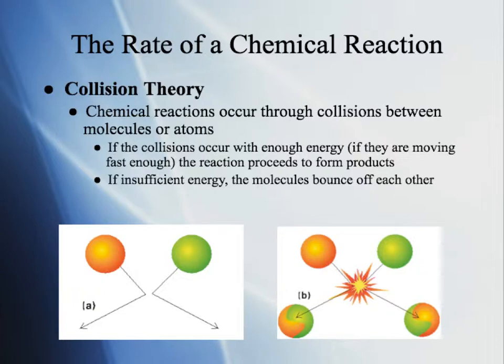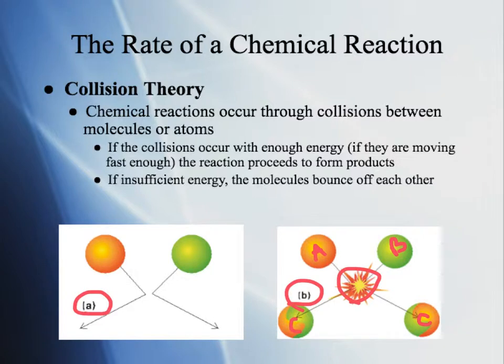So in these two pictures here, would it be A or B in which a reaction actually occurs? In this case, B is the one where we actually have a chemical reaction occurring. These two molecules, molecules A and B, are going to collide with sufficient energy in order to make our products.